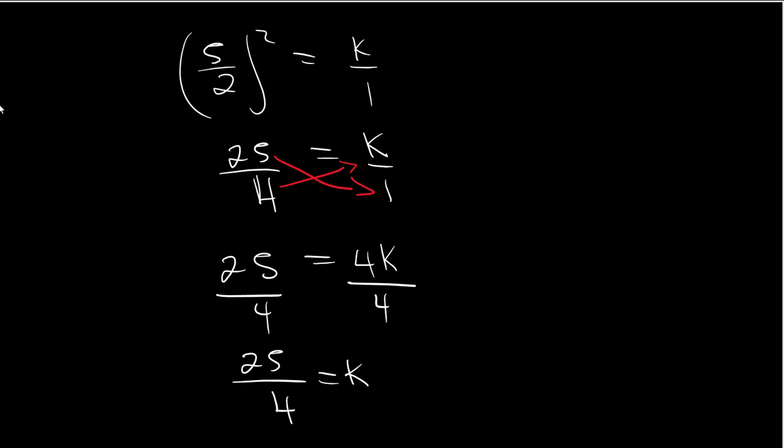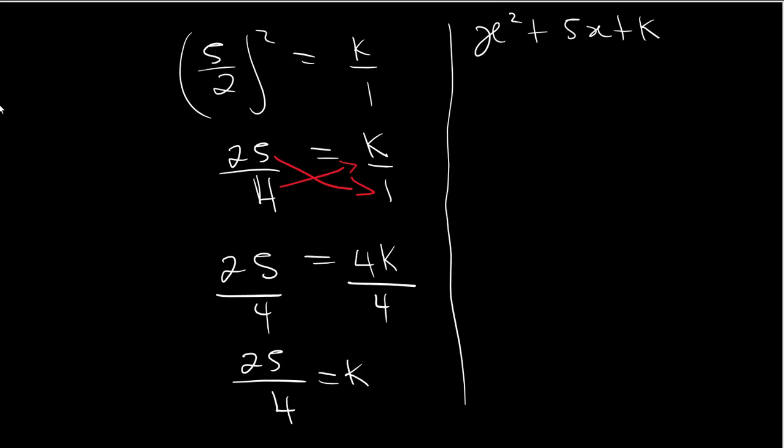So the value for k that will make the expression x squared plus 5x plus k a perfect square is k being equal to 25 over 4. Indeed, when the value for k is 25 over 4, the expression is going to be a perfect square expression.